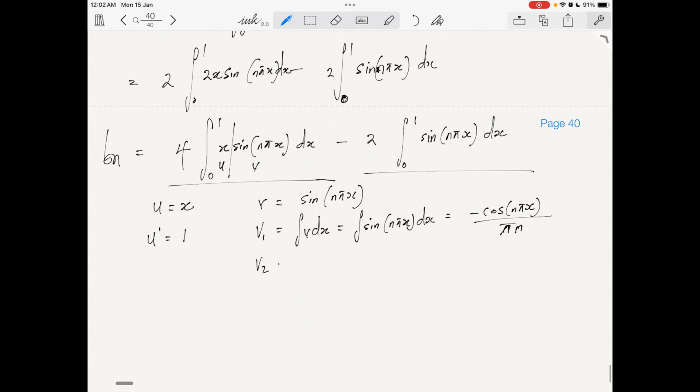And v2 is the integral of v1 dx, and that's the integral of minus cos n pi x divided by pi n dx, and this is going to give us minus sine n pi x over pi n squared.